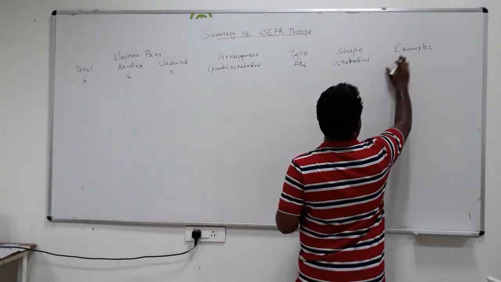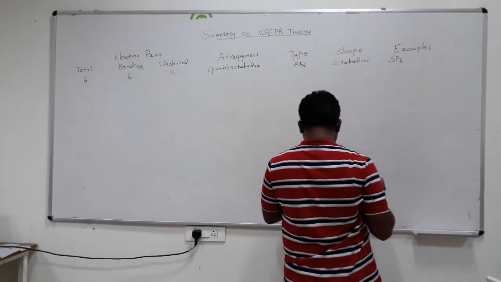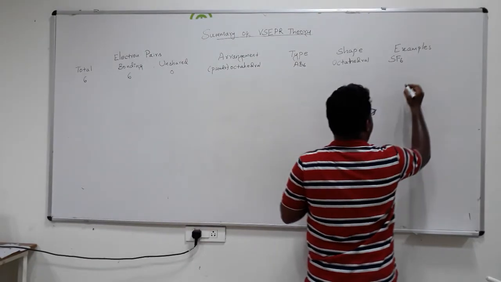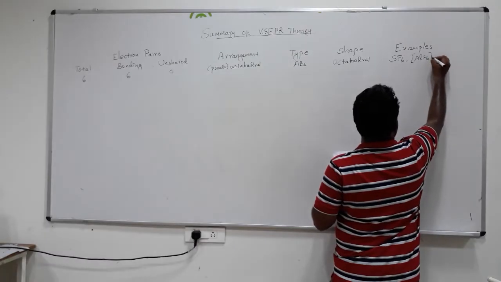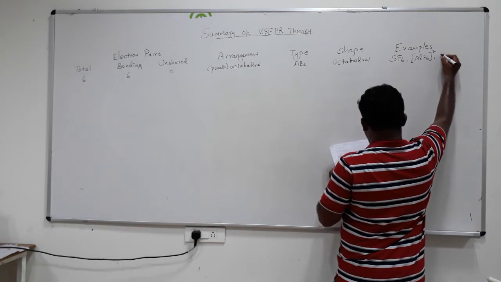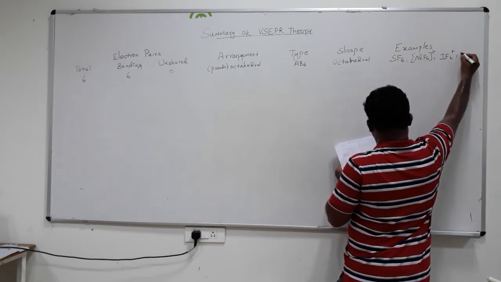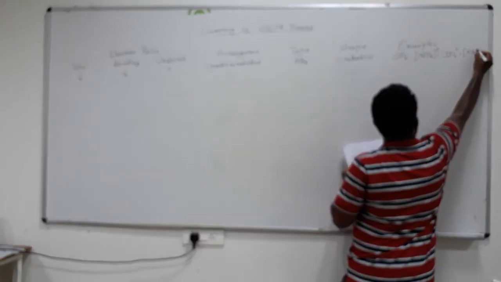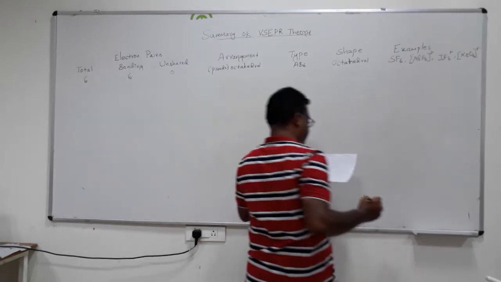Perfect octahedral examples: SF6, sulfur hexafluoride, is a very good example, and also we have AlF6 3 minus, as well as IF6 plus, and then XeO6 4 minus.